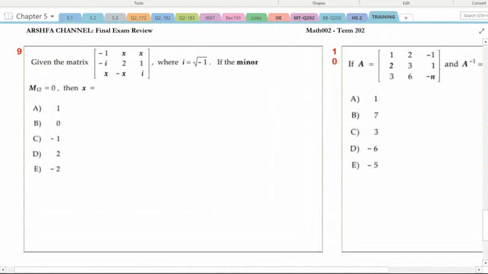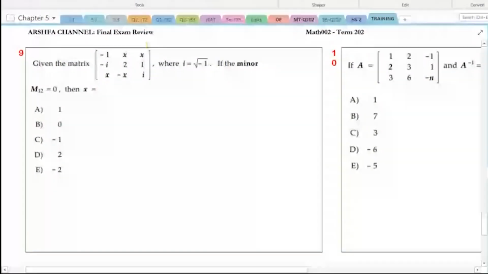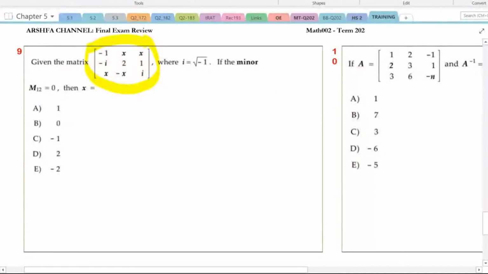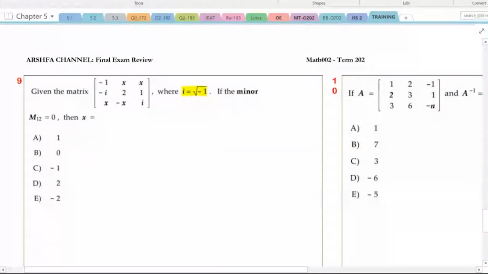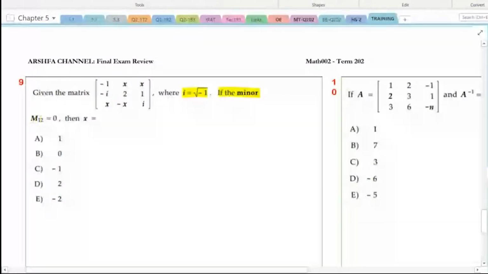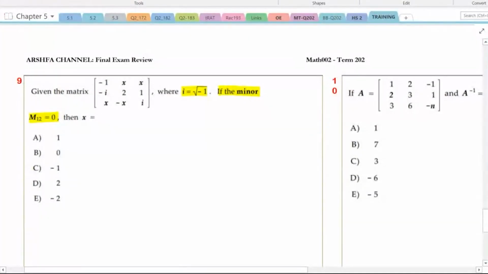We are here. The question says, given the matrix, where i is equal to square root of minus 1. So that means i is an imaginary number in complex numbers. The question says if the minor M12 is equal to 0, then what is going to be the value of x?